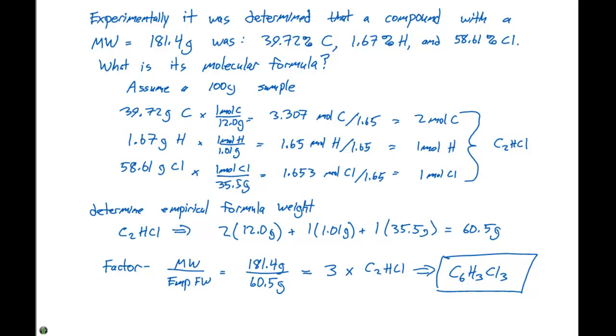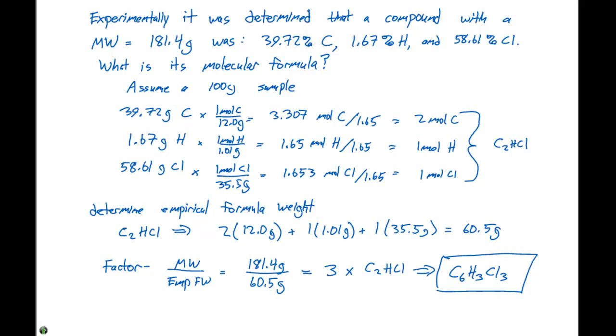Now let's recap what we've done here. We were given some experimental data. From that experimental data, we can calculate an empirical formula. If the molecular weight is greater than the empirical weight, it's going to be greater by a particular factor. So once we determine the empirical formula, we can use the periodic table to determine the empirical formula weight.